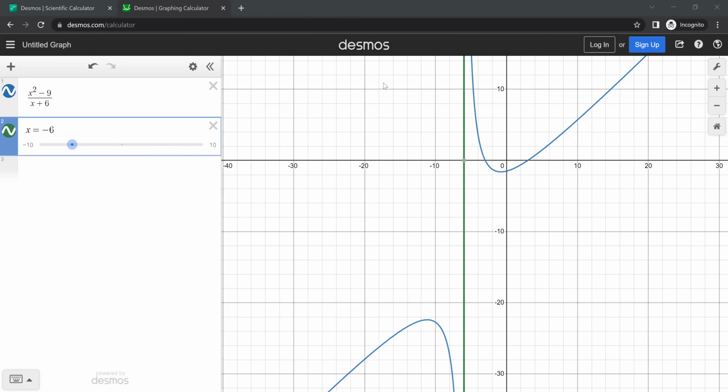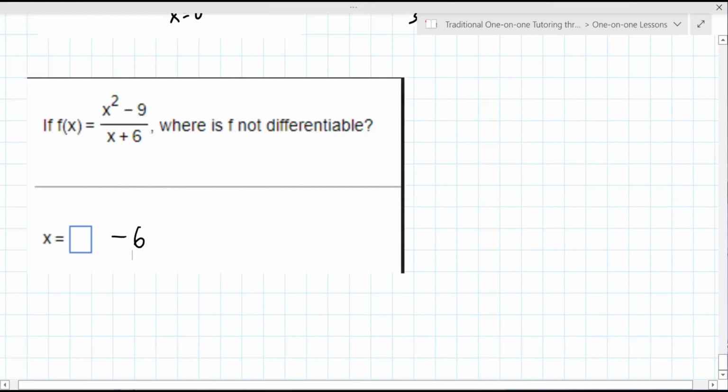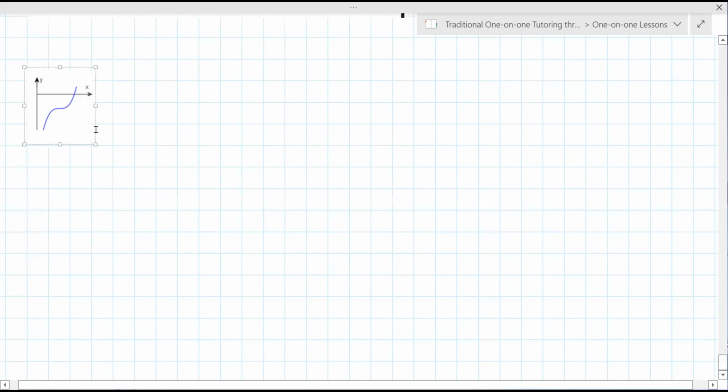All right, so let's go back to the other screen. The next question says to graph the derivative. This is actually a really good exercise for students.